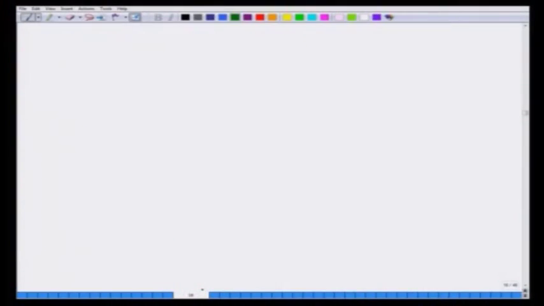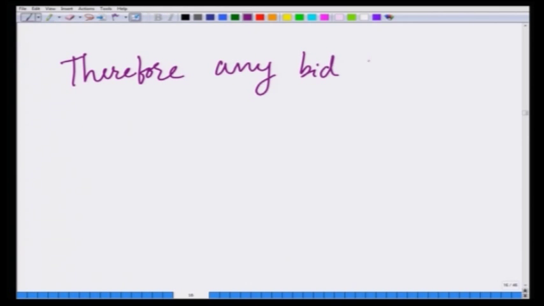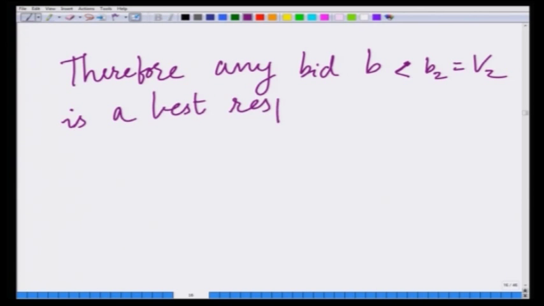So any bid B which is less than B2 equals V2 is a best response.